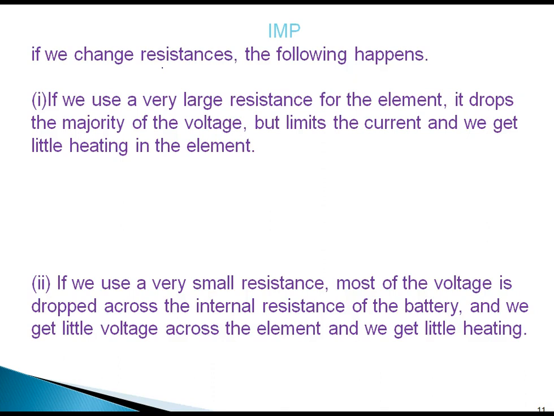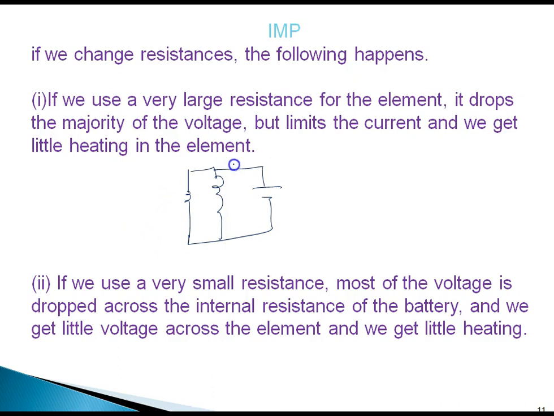Okay, if we change resistance, the following happens. If you use a very large resistance for the element, it drops the majority of voltage, and we get the heating in the element. Suppose there is a circuit, and with the help of some devices you use a number of devices like this.